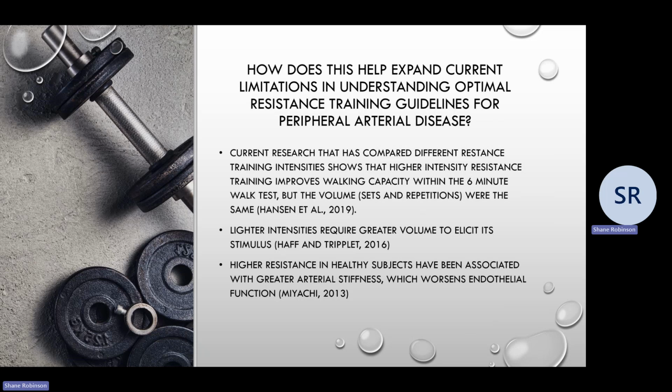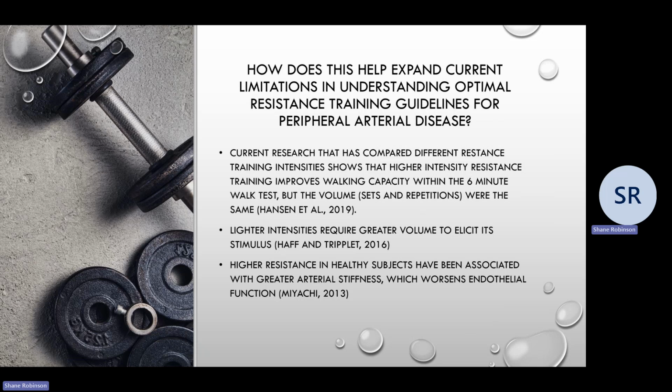The only difference they had was changing the intensities, but they didn't cater to the fact that the lower intensities required a greater volume to elicit a stimulus. It was shown that greater intensity resistance training was more beneficial. But did that really answer the question if we weren't eliciting the correct amount of volume for the lighter intensity group?